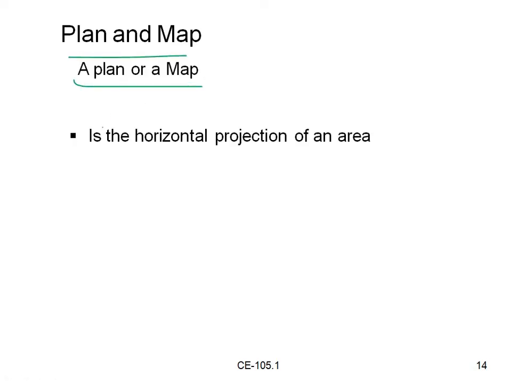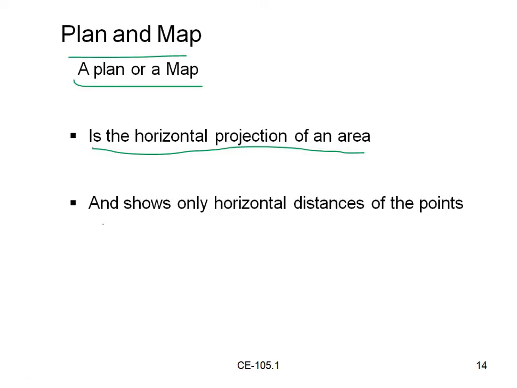So a plan or a map is the horizontal projection of an area and shows only horizontal distances of the points. If you see a plan from the top, you can see what the structure is, what the size is.